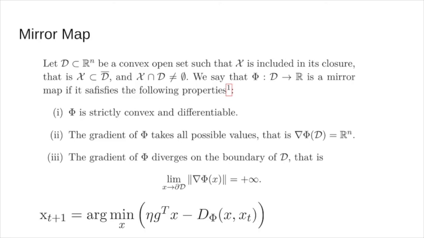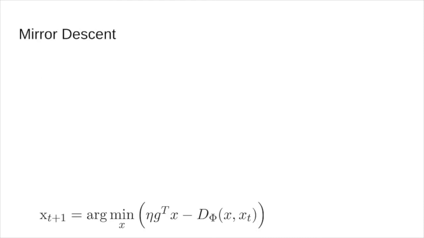These are a little hard to intuit, but phi helps you define your Bregman divergence, and your Bregman divergence measures how much it costs to go some distance away from where you were, and you want that to go to infinity when you're at the boundary, because you don't want to escape the boundary of your space. So that's where the third condition comes from. And yeah, it's just a divergence. It measures some sort of distance-like quantity.